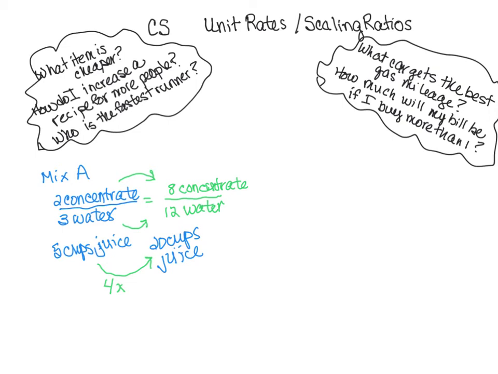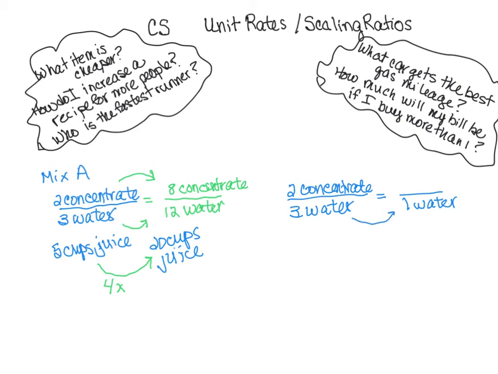Okay, now just to review unit rates, if I have 2 cups of concentrate for every 3 cups of water, and I know that my unit rate is per 1, what would the amount of concentrate be per 1 cup of water?